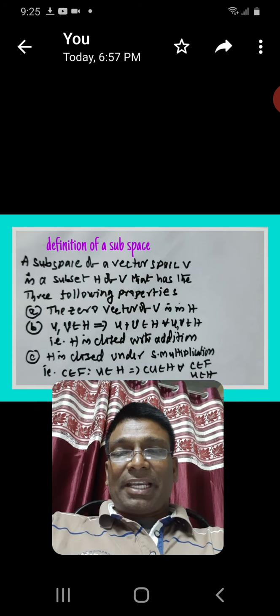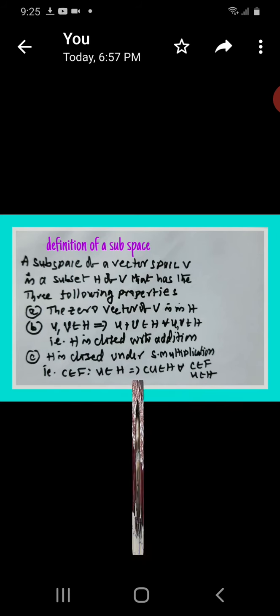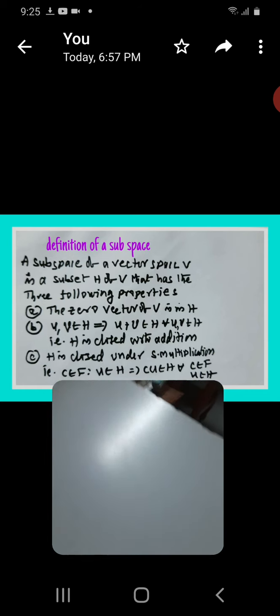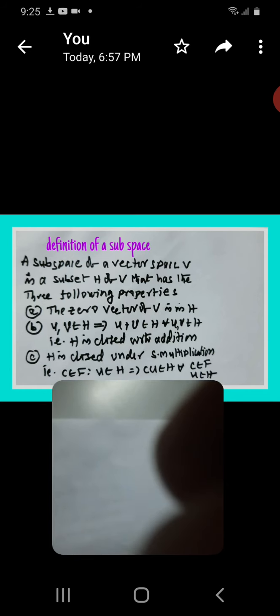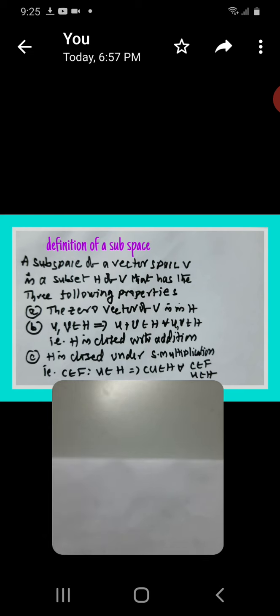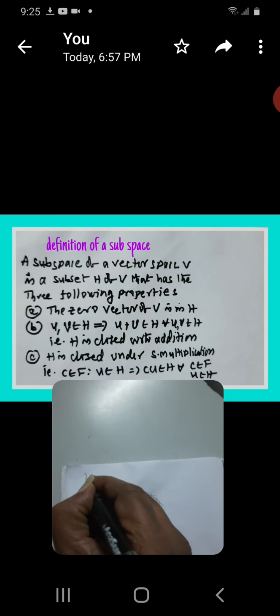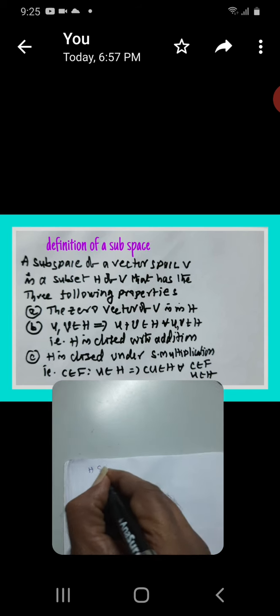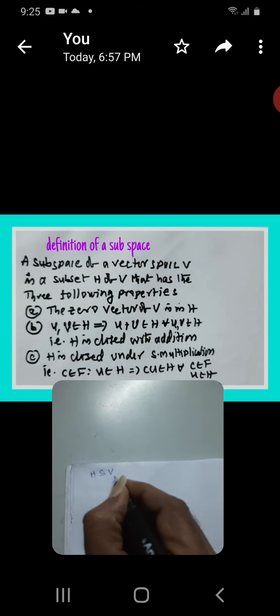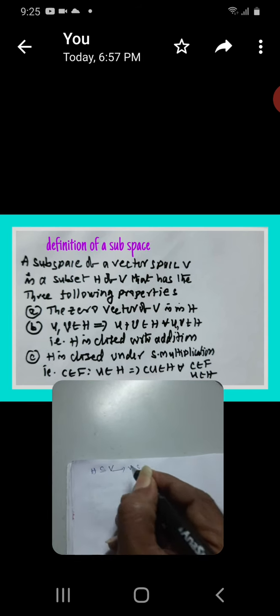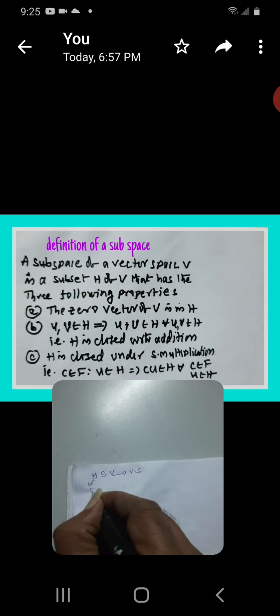You see once again, the subspace definition here. Listen. H is a subset of V, where V is a vector space and H is a subset.